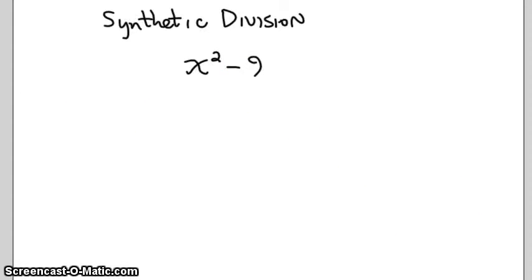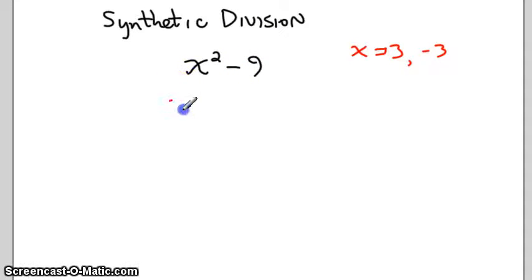Okay, let's do another quick example here, and this is a fairly simple polynomial, and I could probably factor this pretty easily as the difference of two squares and find out that my zeros really should be x equals 3 and negative 3. So I'm going to go ahead and test that just to illustrate the process. What I really want to show here is, you notice I have a squared term but no x term before I get to my constant term, the negative 9.